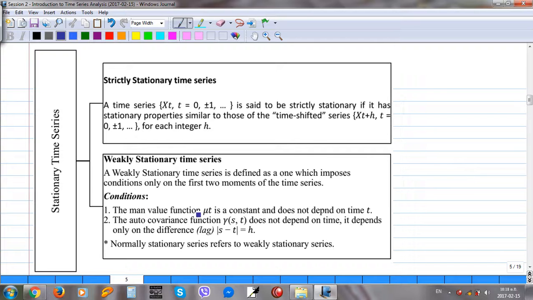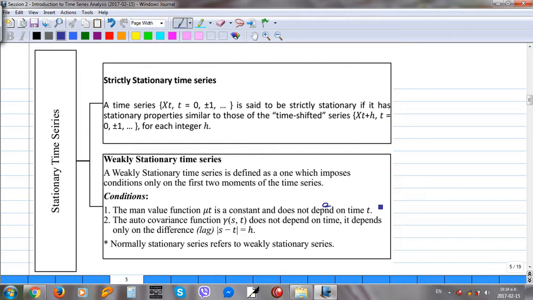The mean value function, that means mu_t, is constant and does not depend on time t, right? So the first condition is that the mean value mu_t is the same, independent of time t.